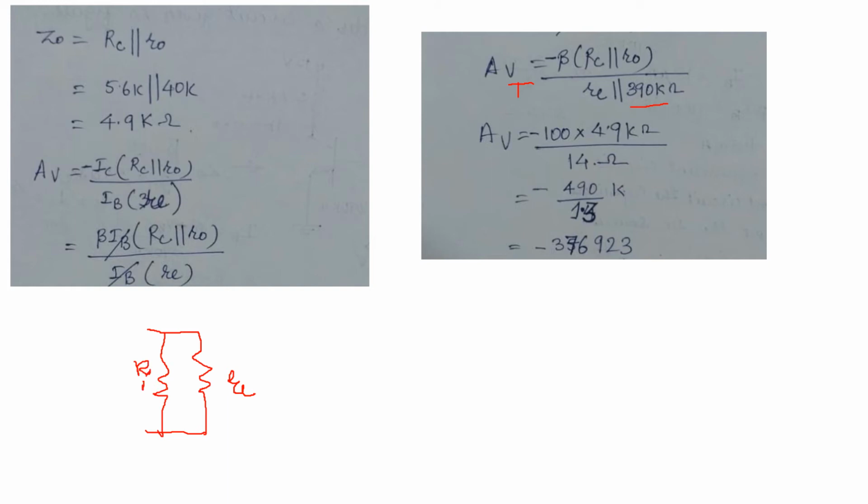RB. So this is AV, and this is your overall voltage gain. Fine.